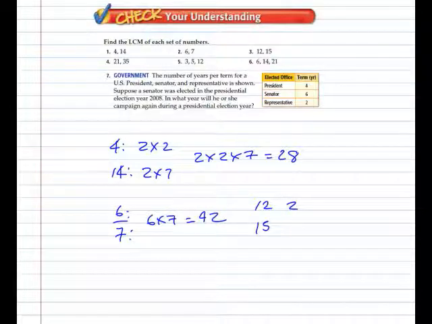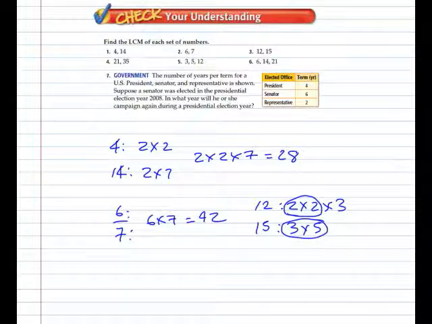Number 3, 12 and 15. 12 is 2 times 2 times 3. 15 is 3 times 5. So it's 2 times 2 times 3 times 5, or 15 times 4, which is 60.